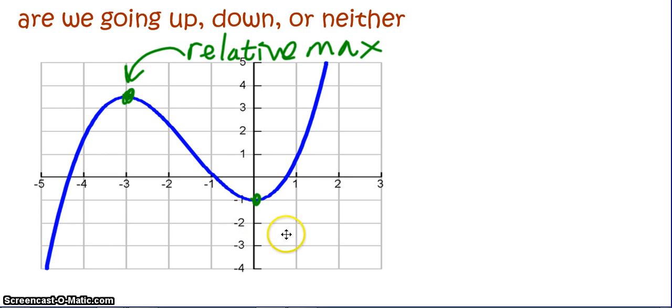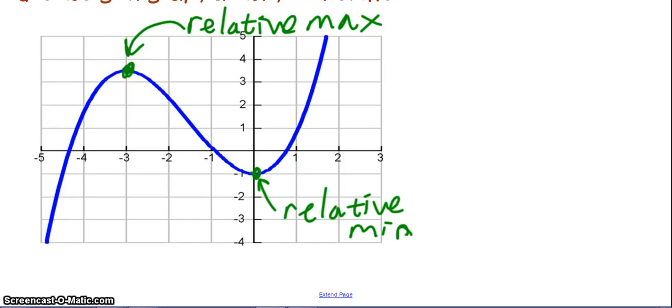This one here is what we call a relative min. Now we're not going to get into the formal definitions of those right now. That'll come up more again once we get into calculus next semester. But you do need to be able to identify a maximum and a minimum.